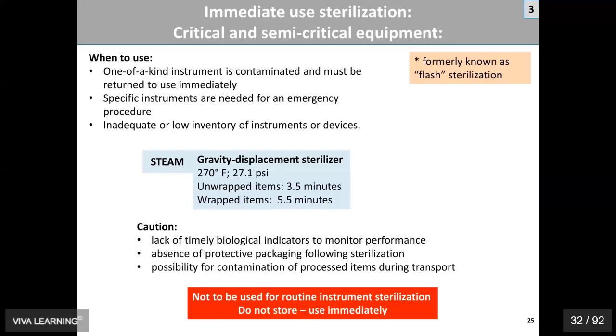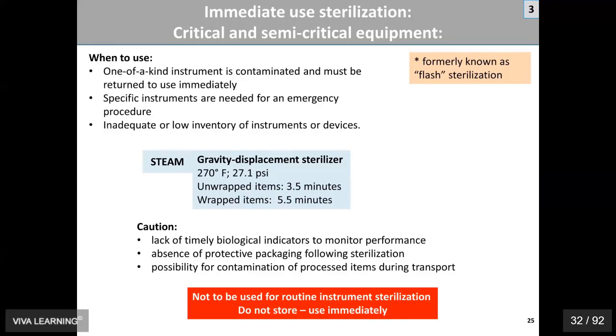Wrapped items, 5.5 minutes. But again, the problem is you don't have packaging on it. It needs to be used immediately. It's rendered non-sterile very quickly. So again, I'm not a real fan of doing this.